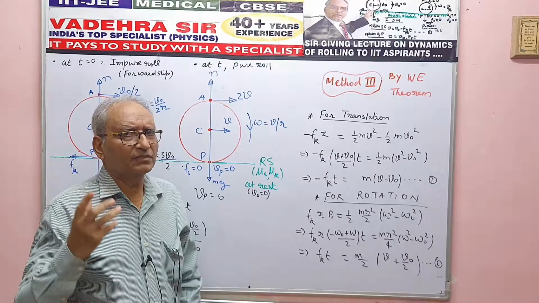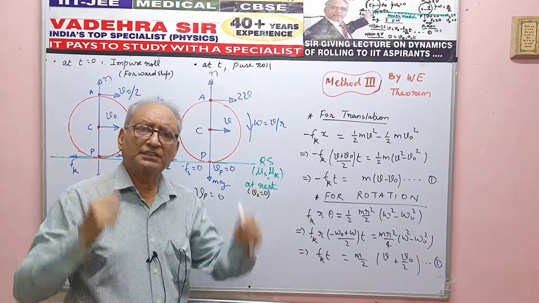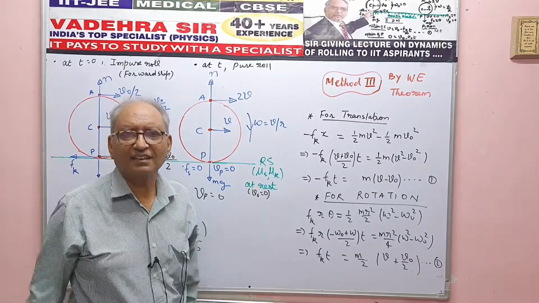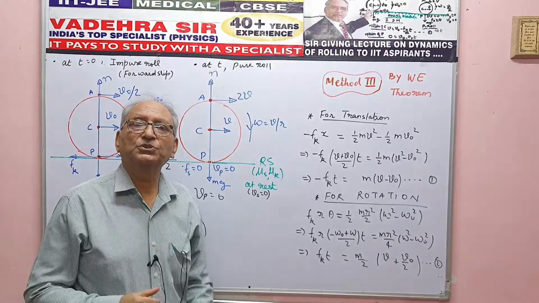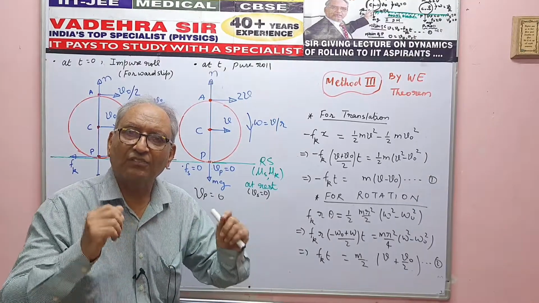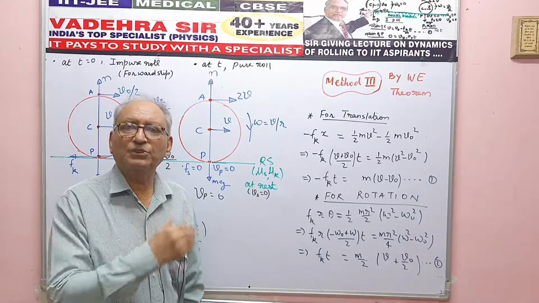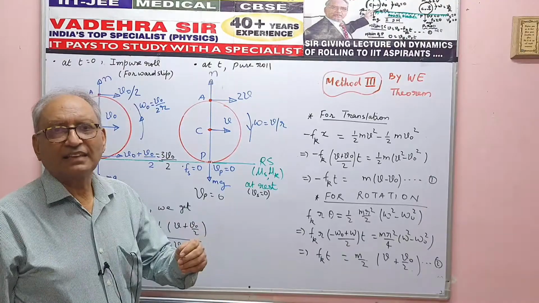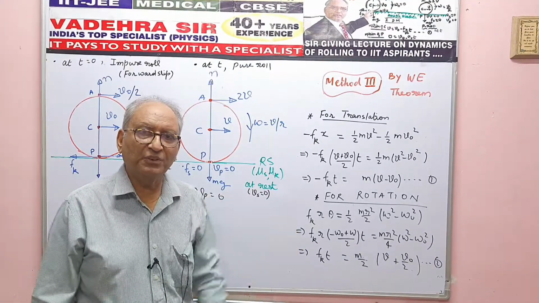Now certainly an average student will ask me, sir, why did you do the 3 methods? My answer is, my friend, I want you to understand the complete dynamics of rolling. So we have used 3 methods, and in all the 3 methods we get the same answer, v equal to v naught by 2.